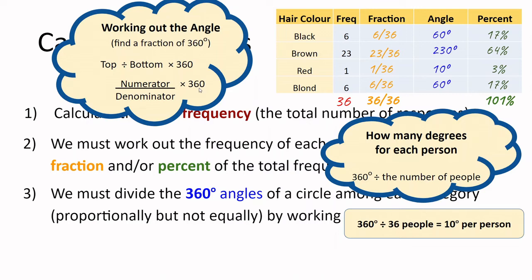Or, working in a different order, we're doing the 360 degrees, the total number of degrees, divided by the number of people, which is the total frequency, or the denominator of all of our fractions, and then we multiply that answer by the frequency for the category we're working out. Once you've worked out your angles, just double check that you've done that correctly. What should they add up to? Surely they'll add up to 1 whole. In this case, 1 whole full turn, that's 360 degrees.